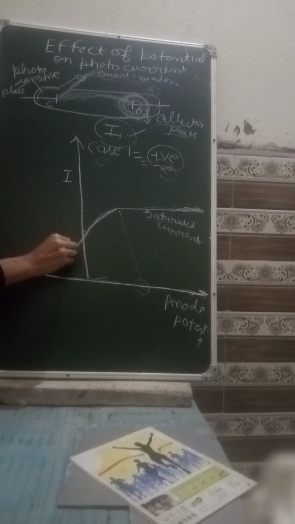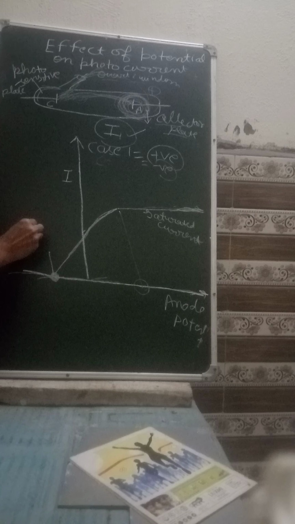It continues to decrease as we decrease the anode potential, and the point at which the photocurrent becomes zero, we call it the stopping potential.